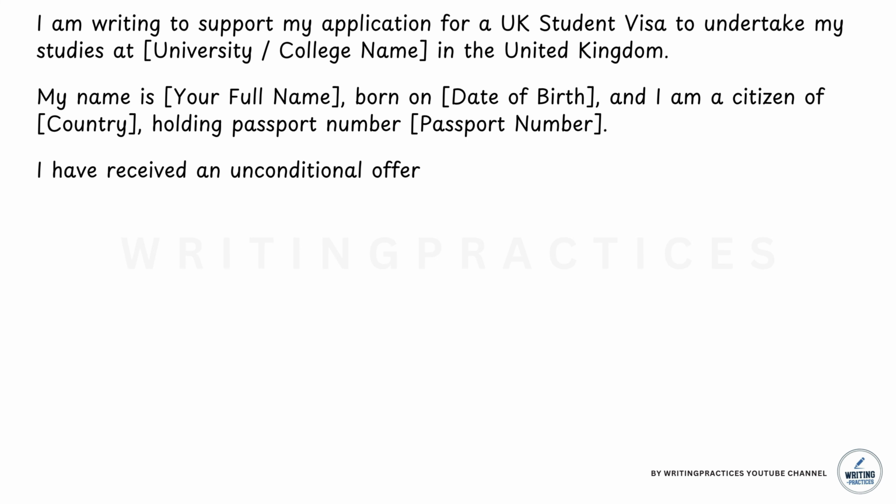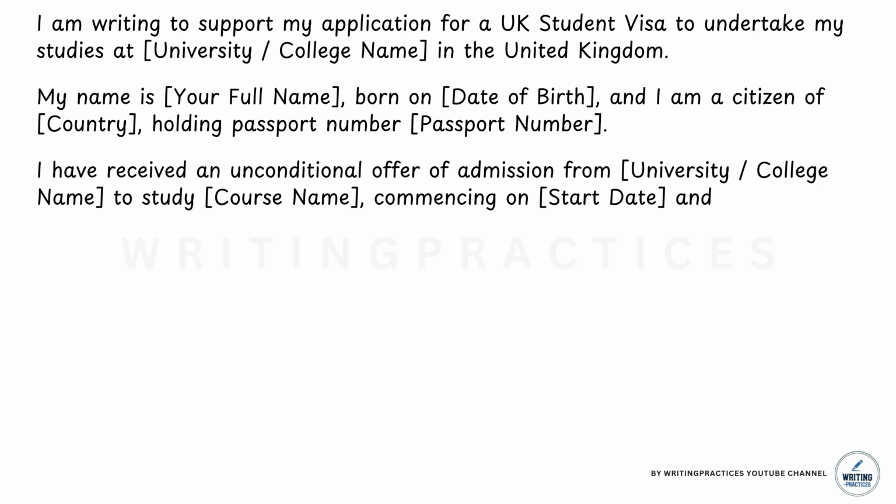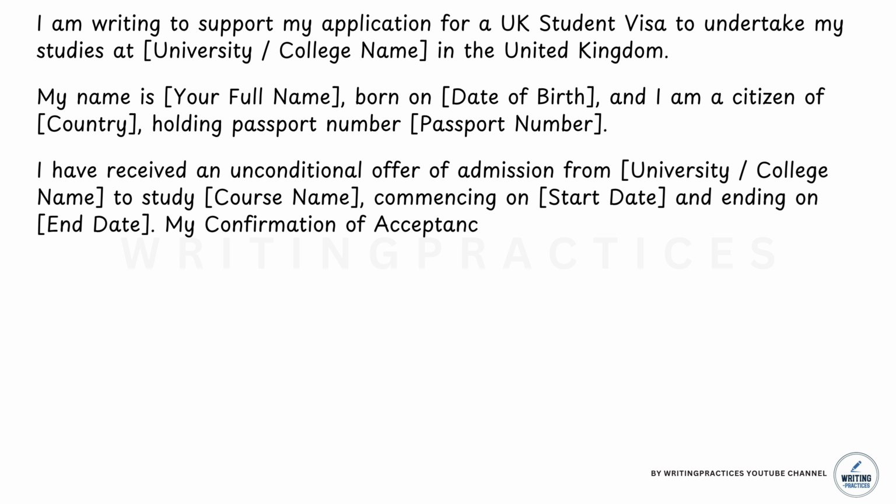State your admission details. Now explain your university admission. Include the university name, course name, start date, end date, CAS reference number. For example, I have received an unconditional offer of admission from the University of Manchester to study Master of Science in Data Science, commencing on the 20th of September 2026 and ending on the 30th of September 2027.